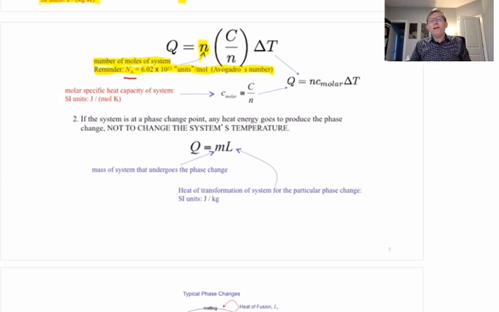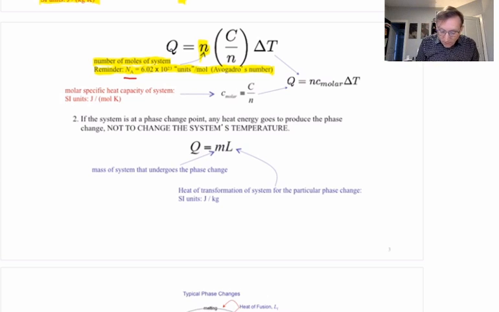Okay, so if we multiply and divide by the number of moles of our system, using the symbol little n, okay, we can do that. It's a measure of the amount of matter. Now let's introduce a new constant. Ready? It's going to be capital C over n, heat capacity divided by number of moles.